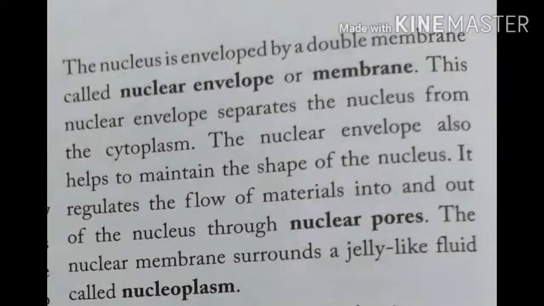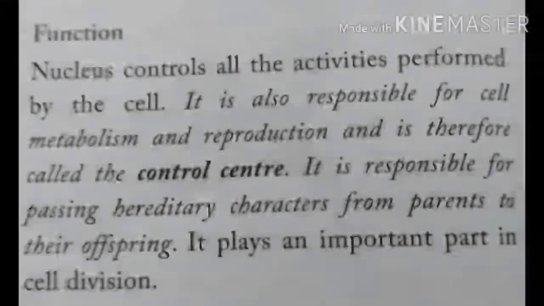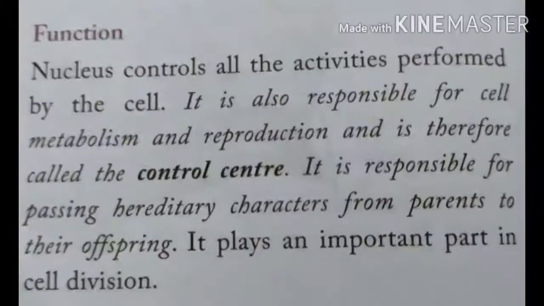And the structure of nucleus. In this structure of nucleus, we can see the nuclear envelope, nuclear pore, nucleolus, nucleoplasm, and chromatin. And the functions of nucleus. Nucleus controls all the activities performed by the cell, and it is also responsible for cell metabolism and reproduction, and is therefore called the control center.